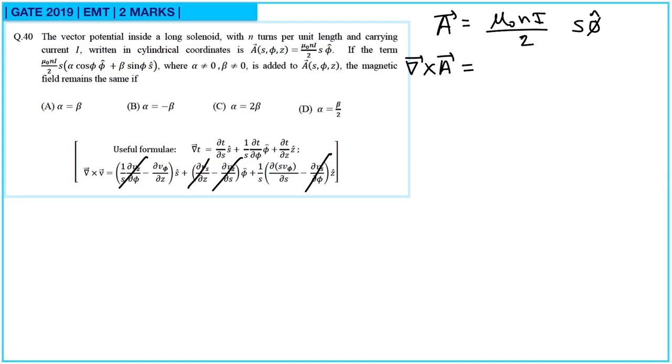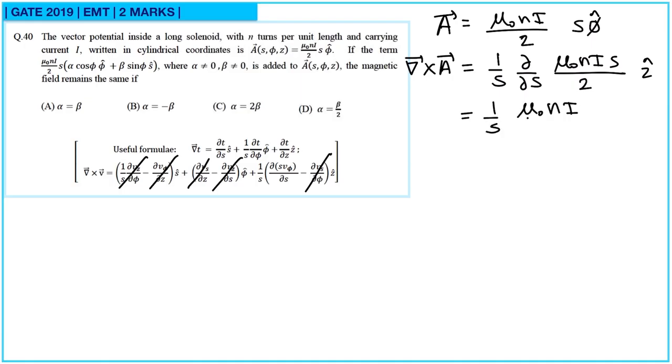Here there is no z term, so this will also be 0. So only this term will survive, that is 1 by s into dou by dou s of mu naught n I s by 2, and this will be in the direction z cap. So this is 1 by s, dou by dou s of this, is mu naught n I by 2 into z cap.